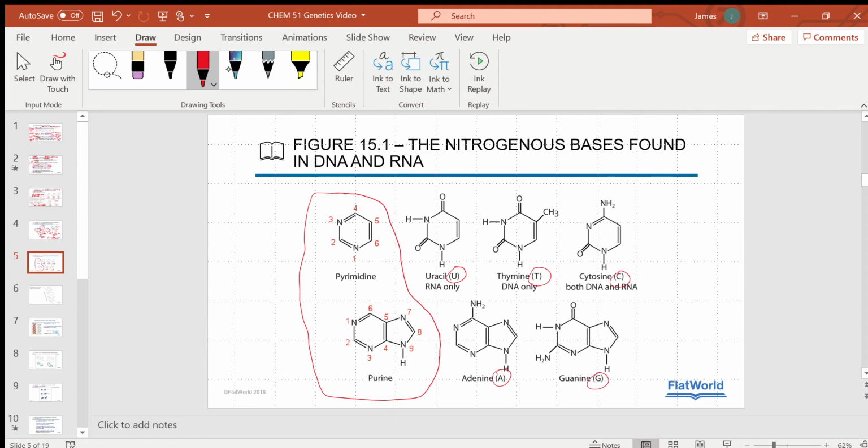Notice that one of them is only found in RNA. So this is the odd one out. This is almost like a relic. Uracil is only found in RNA.